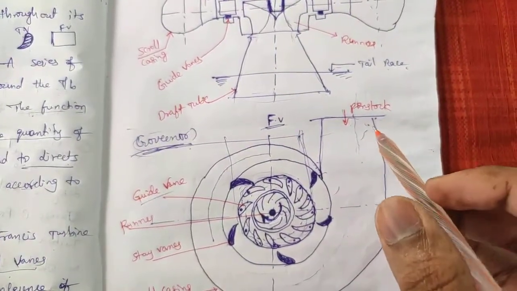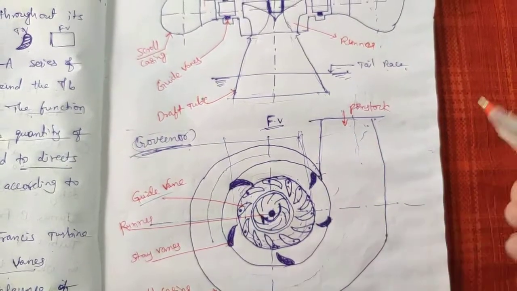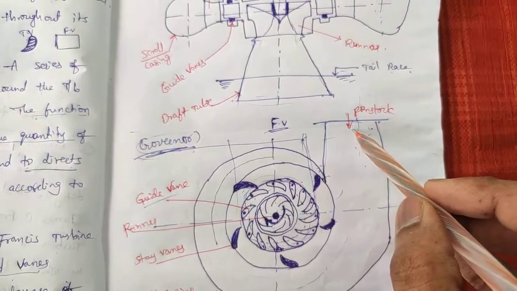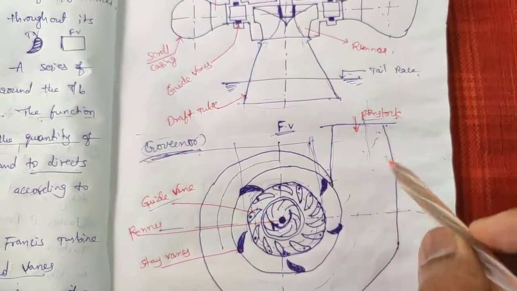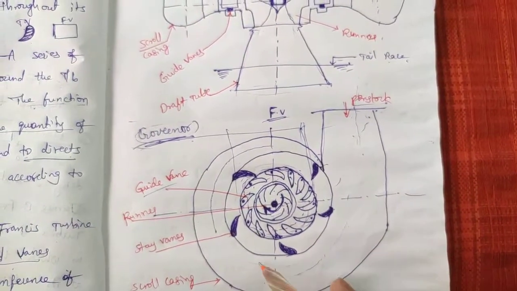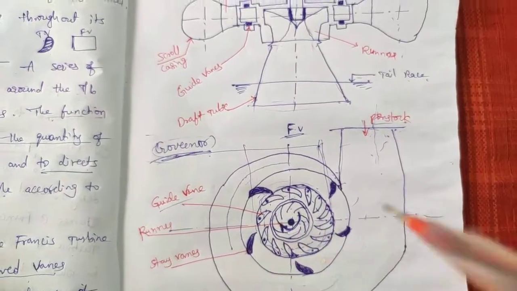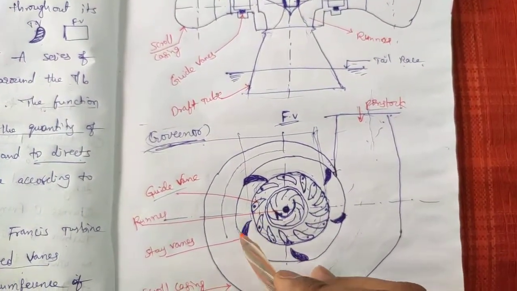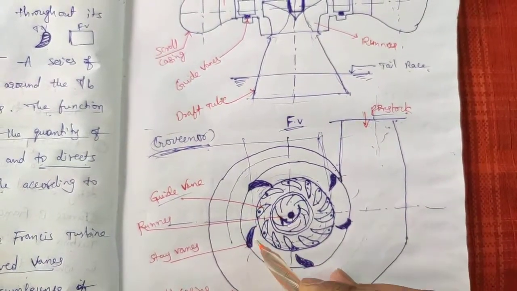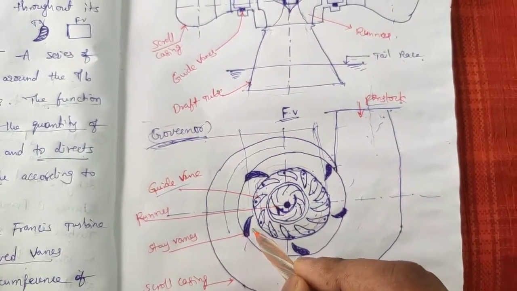Now let us know the working principle of the Francis turbine. When the water enters the scroll casing from the penstock, it passes radially around the runner, and first enters the stay vanes. These vanes are also fixed to the steering.